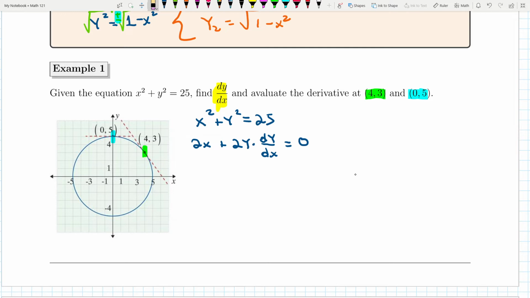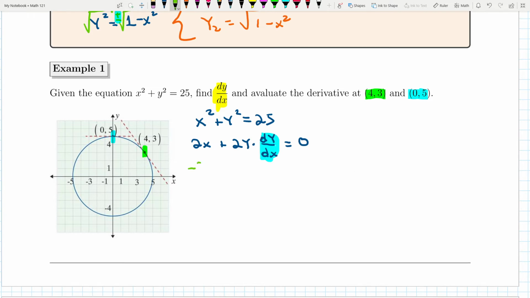All right, so now we're essentially done with the calculus here. The next step is to solve for dy/dx. We need to isolate it because we want dy/dx. The remaining part of the problem is just algebra.